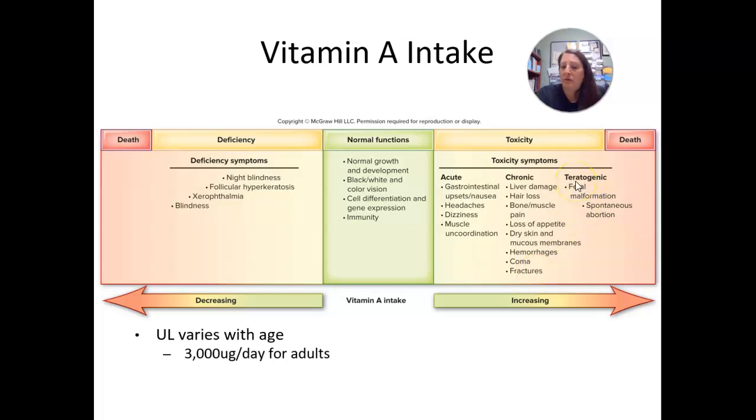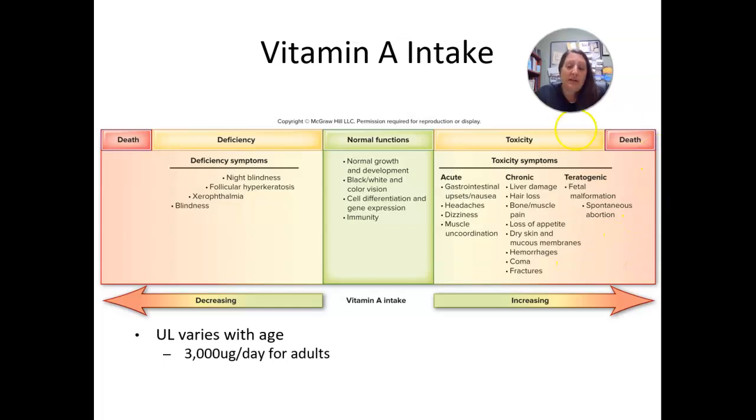And then it's also a teratogen, or it's teratogenic, okay? Which means in pregnant people, having more than is needed, you could end up with fetal malformation, so birth defects. And it could also cause spontaneous abortion. Okay, so very dangerous for pregnant women to exceed recommended daily doses.